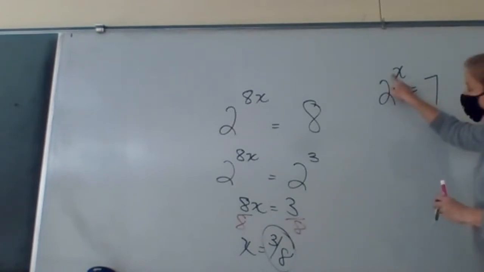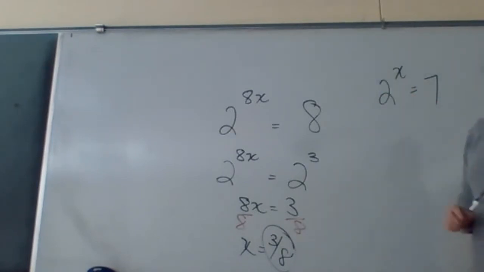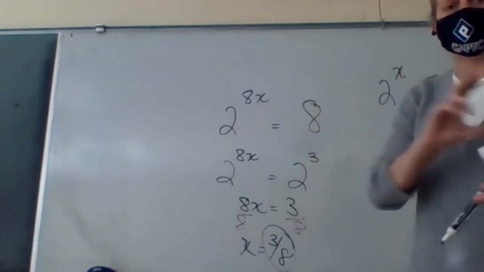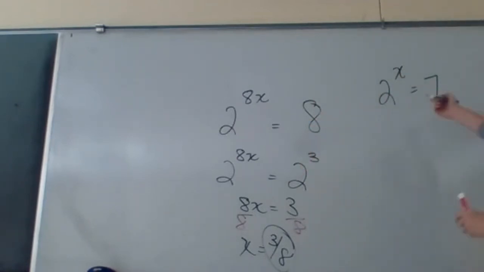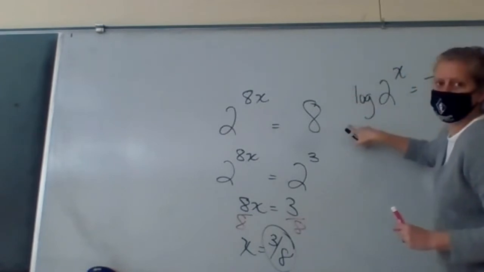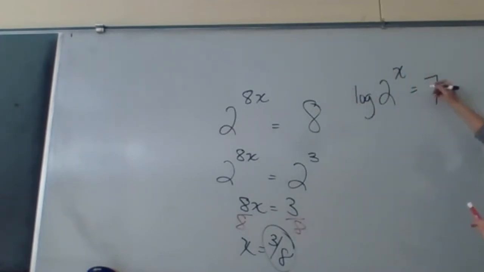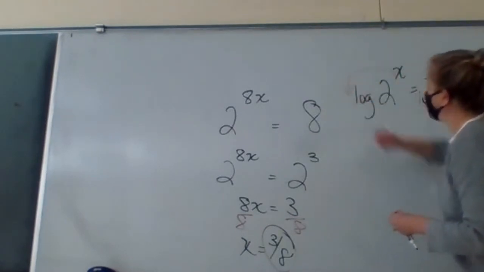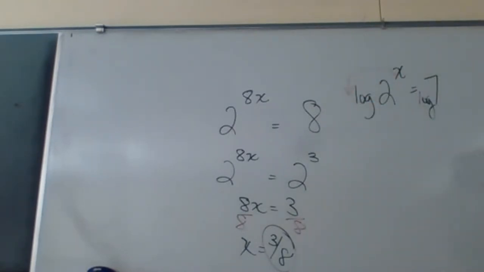Remember how you get your x out of your exponent is you're going to log both sides, right? I have to log this left side because that's what's going to bring my x out. If I log the left, I have to log the other side. So I'm going to log both sides because that will bring my x out of my exponent.